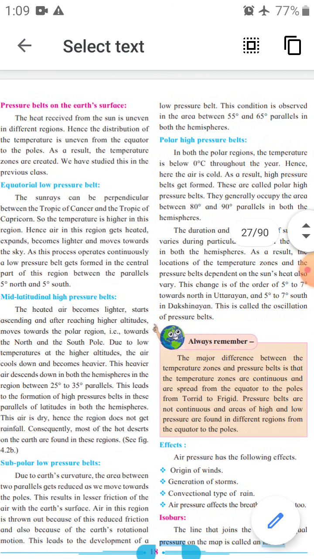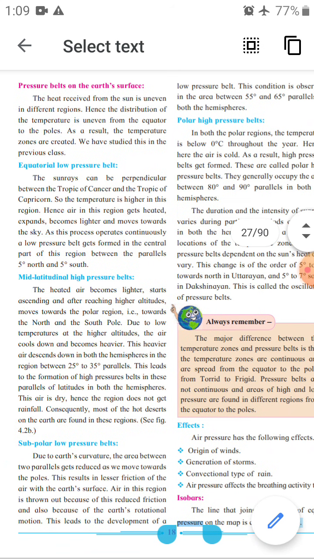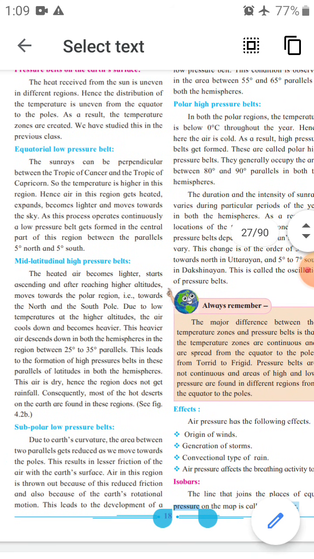So between 55 degree and 65 degree these subpolar low pressure belts are created, and between 25 degree to 35 degree parallels, in both the hemispheres, mid latitudinal high pressure belts are created.